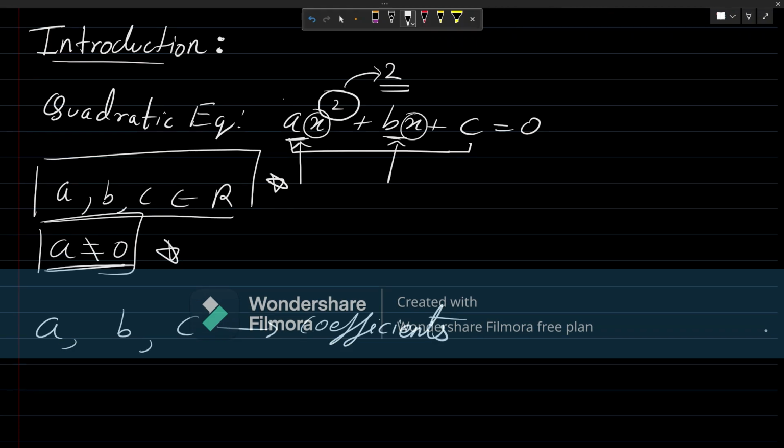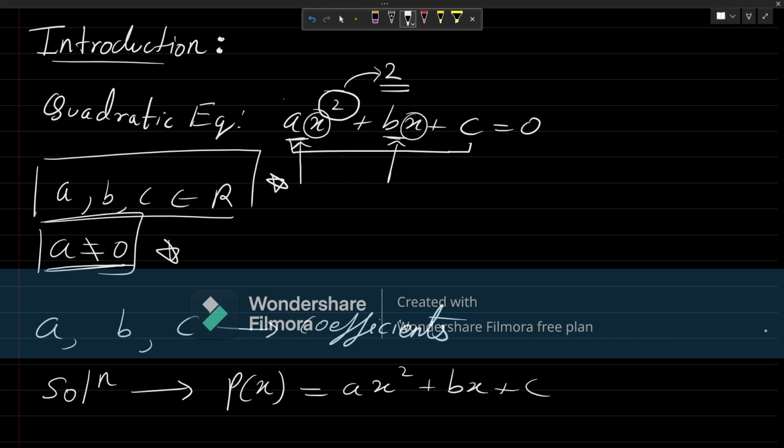Now let's talk about the solution of a quadratic equation. You have learned how to write it in previous classes and also in polynomials. You write p of x, or y or any number, equal to ax square plus bx plus c.